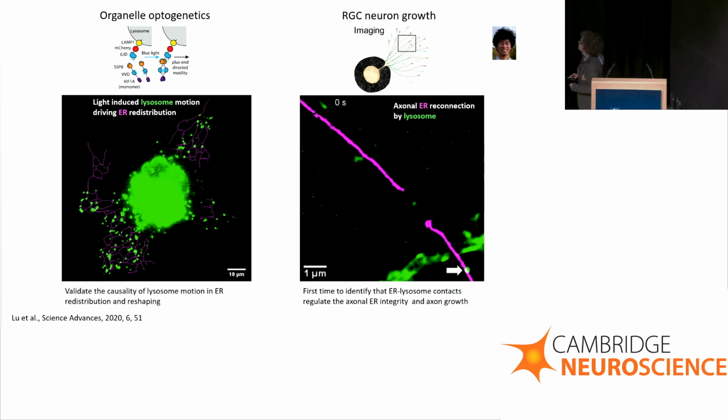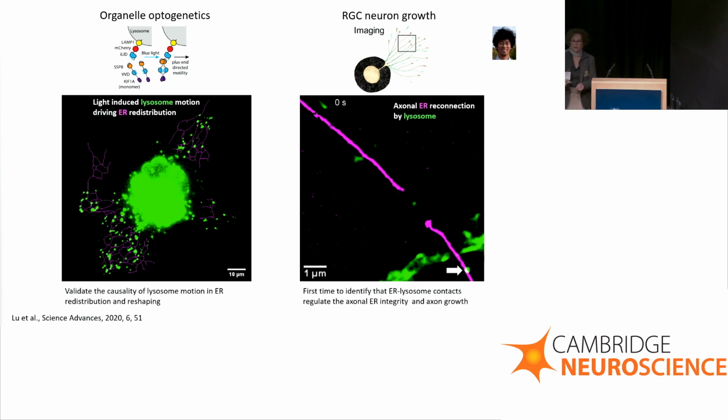So what is happening here? We did some organelle optogenetics, and we coupled the lysosomes, which you can see here labeled in green, to an optogenetically controlled mechanism to couple the lysosomes directly to the motor proteins.